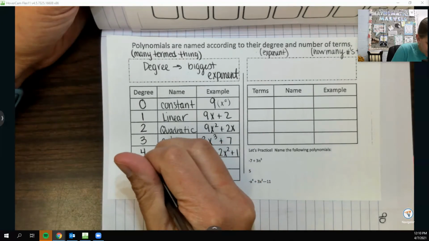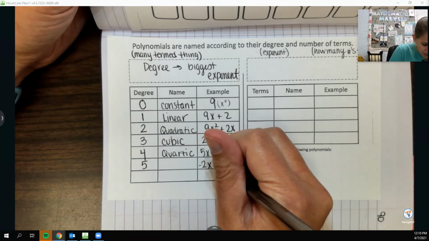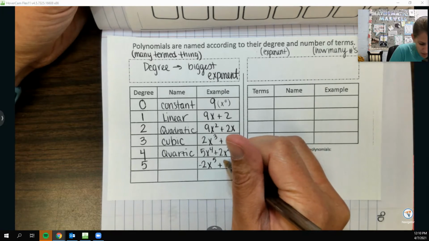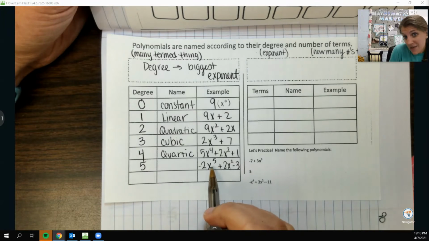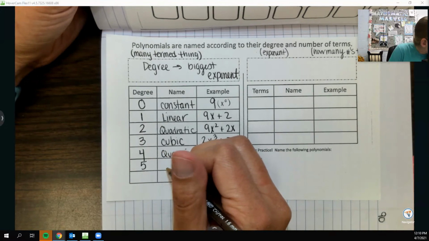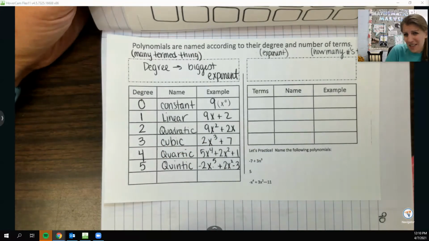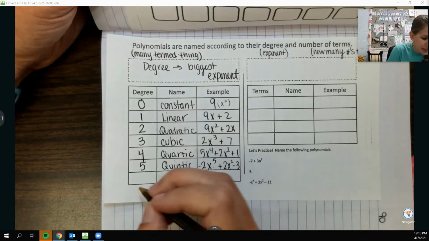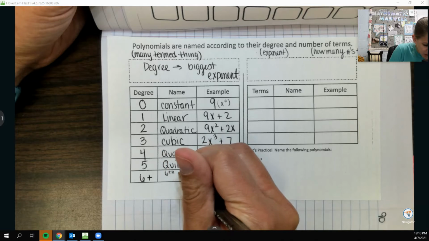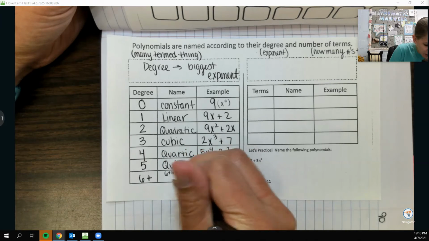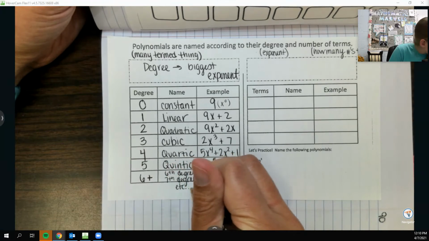And then if the biggest degree is 5, like negative 2x to the fifth plus 2x squared minus 3, the biggest one is 5. And when it's to the 5th power, we call it quintic. After that, they kind of don't get cool names anymore, which is sort of a bummer. If it's to the 6th or higher, then we just call it a 6th degree polynomial or a 7th degree polynomial, and so on and so forth.